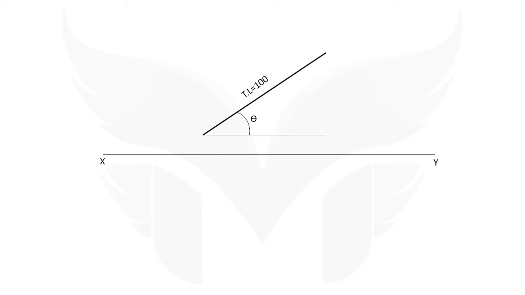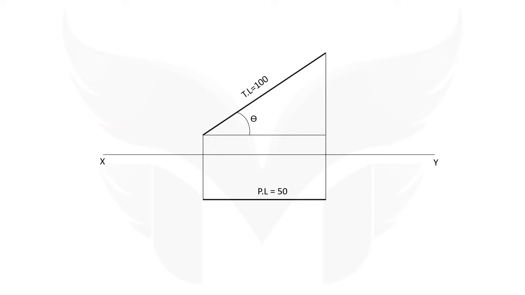And then we know that if we see the true length in top view, then what we can see is the plan length. So take projectors from front view to draw the top view of the line and draw a straight line showing top view, which is the plan length, and this is given as 50 mm.